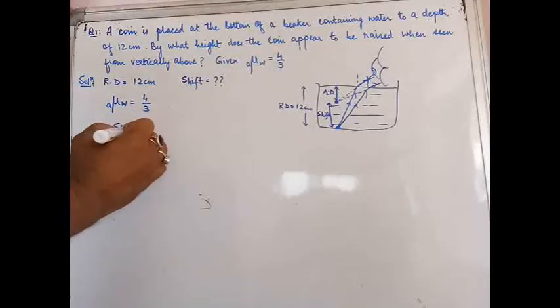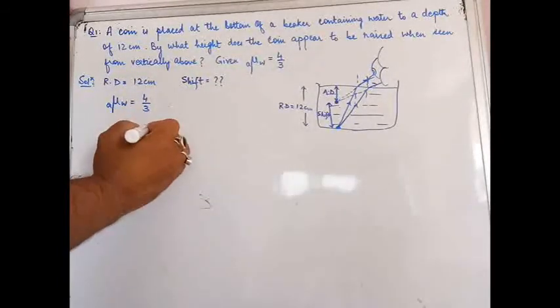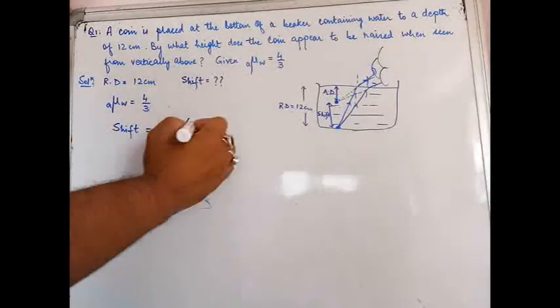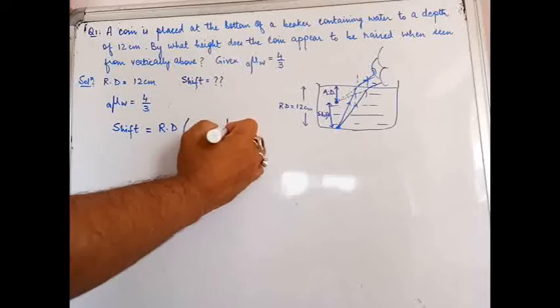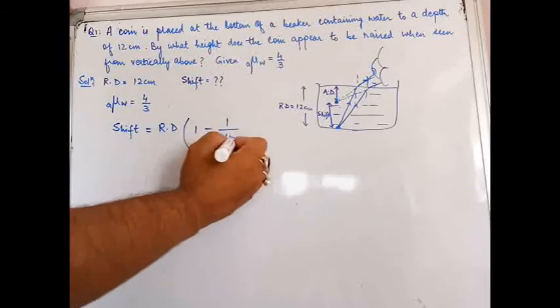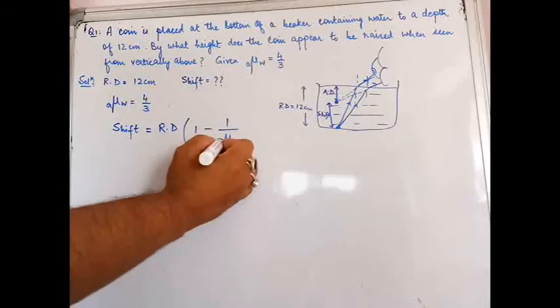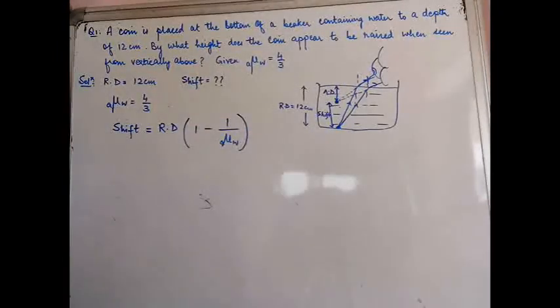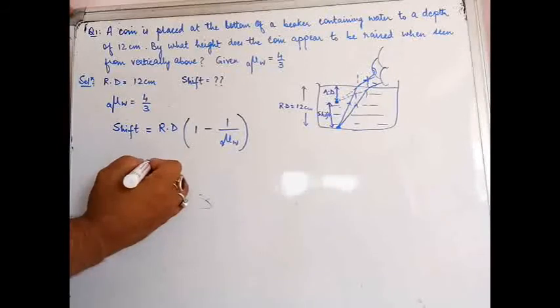So if you remember that second formula that we have studied, shift is equal to real depth multiplied by 1 minus 1 upon refractive index of medium with respect to air. Here obviously the medium is water, so I am going to write it like this. Now shift value has to be calculated.